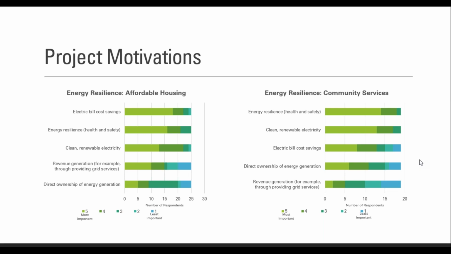As you'll see, affordable housing providers ranked electric bill cost savings as their #1 concern, followed by energy resilience, whereas community service providers ranked resilience and then producing clean renewable electricity as their top concerns, followed by a much smaller percentage who ranked electric bill cost savings as their top motivation for pursuing solar and storage.